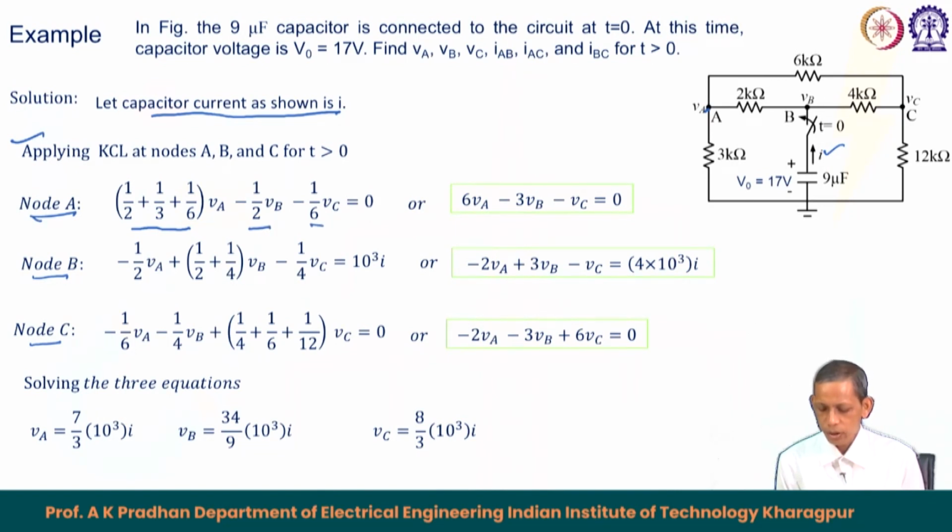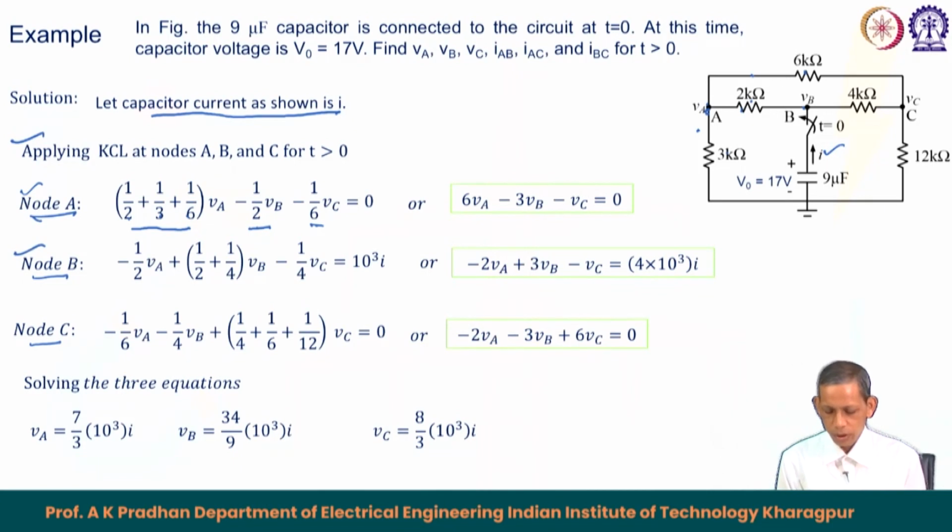For V A, all the connections here are 2 kilo ohm, 3 kilo ohm and 6 kilo ohm, so these are the 2, 3 and 6. For V B, V A minus V B will drive this current, so this is minus 1 by 2, and for V C, V A minus V C, therefore 1 by 6, that becomes equal to 0. These are the 3 currents, 1, 2 and 3. That leads to the nodal equation at A.